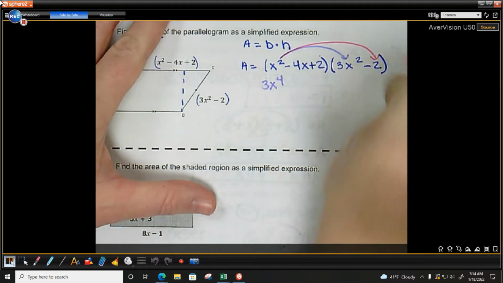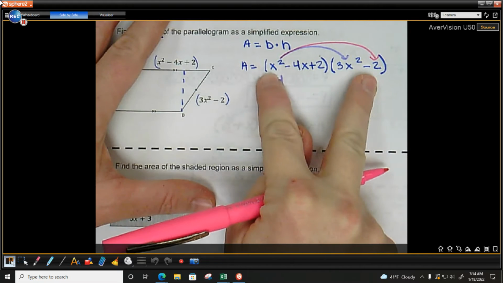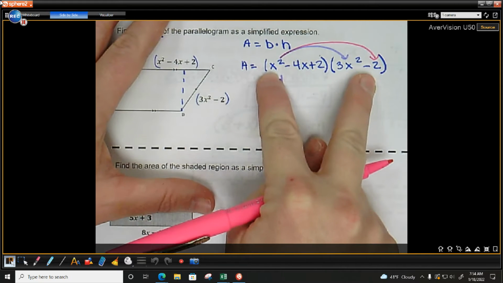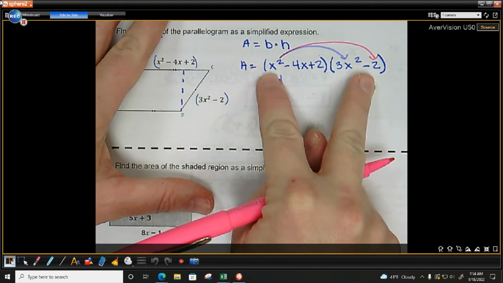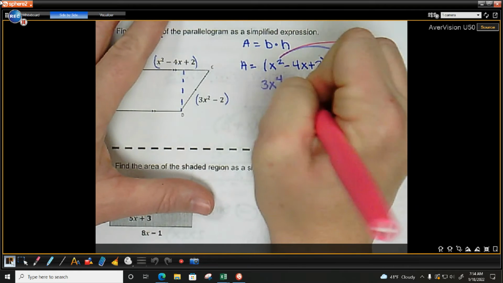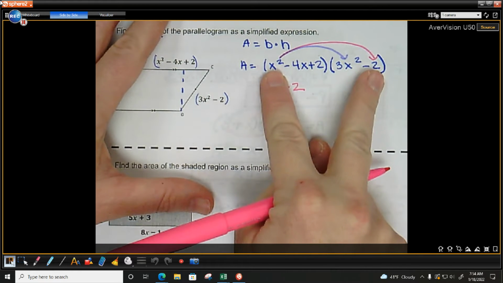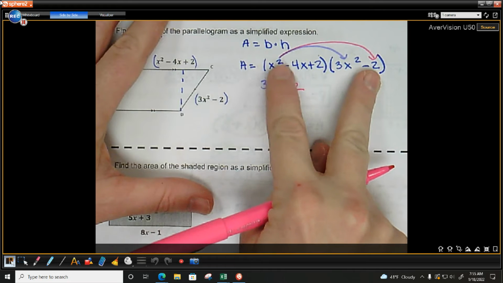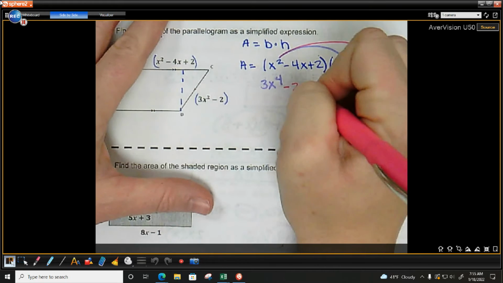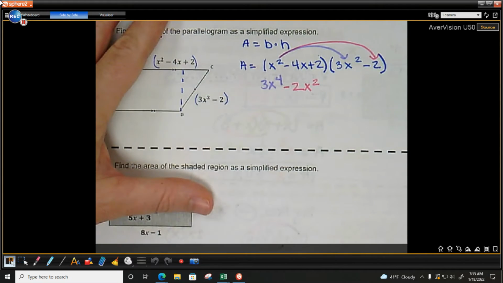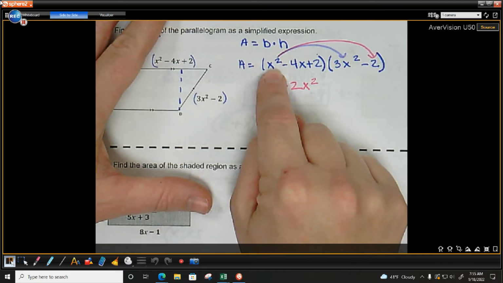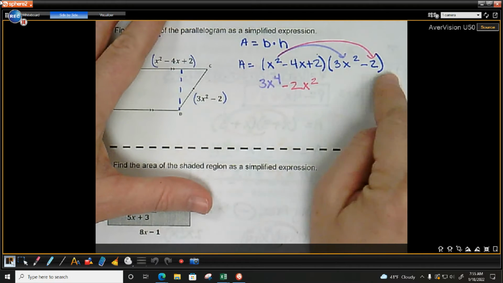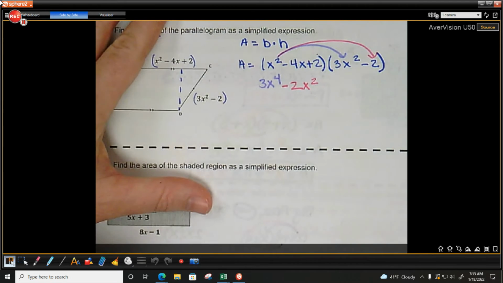Then I get x squared times negative 2. What's the only coefficient? Negative 2. How many variables do I have? X squared, so I have 2. So it stays x squared. So am I done with my x squared? Yeah, I distribute it to both terms in the second parentheses.